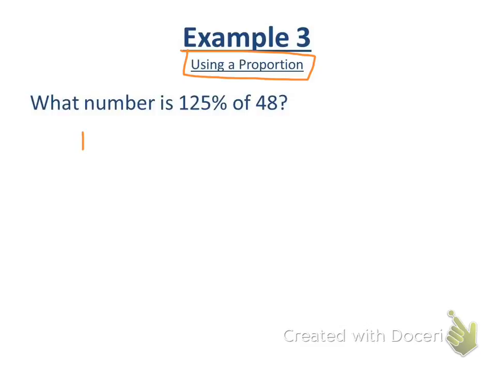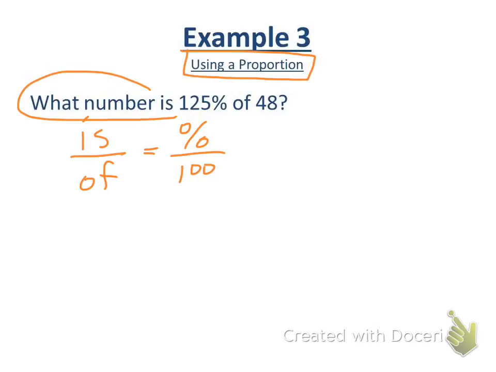So the proportion that I want you to use is the is part over the of part equals the percent over 100. Does the percent have to be over 100? Always. So the is part is x. The of part is 48 equals the percent over 100. Because that's what you're trying to figure out, the is part. What number?